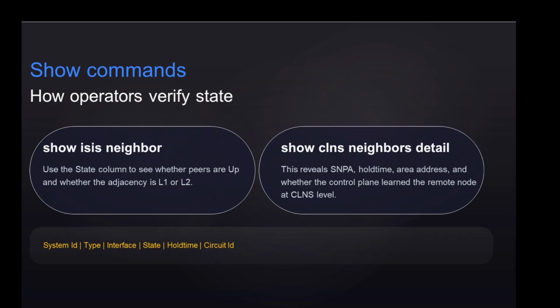So going over some operational commands. When troubleshooting IS-IS, show IS-IS neighbor is a very good verification command to check the established neighbor on the router. We can also run show CLNS neighbor detail to get more detail about the neighbor.